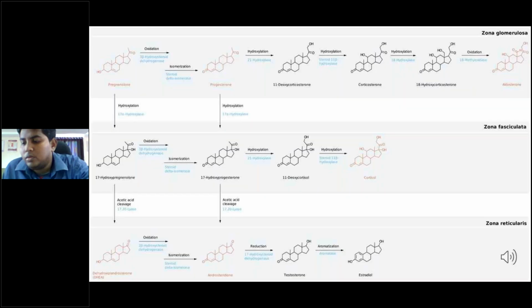Depending upon the functions of the different layers, they undergo different reactions like oxidation, hydroxylation, isomerization and reduction. These finally give rise to the corresponding aldosterone, cortisol or corticosterone, and androstenedione.